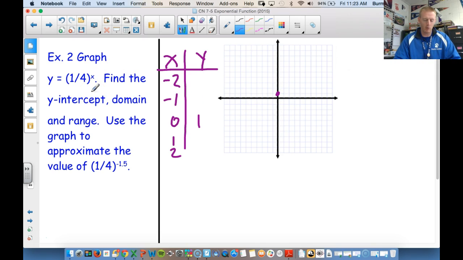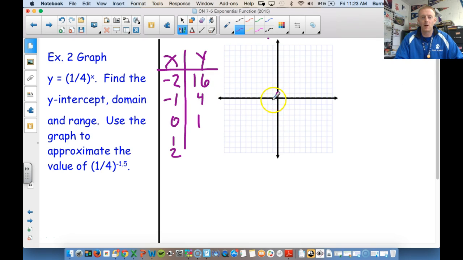So I'm going to use 0.25 to the negative 2 power to make this a little bit easier for me. And this is a 16 in my calculator. So I went to the left 2 and up 16. So that's going to be way up here, okay? Now we're going to do the exact same thing. We have a 0.25 to the negative 1 power, which is a 4.